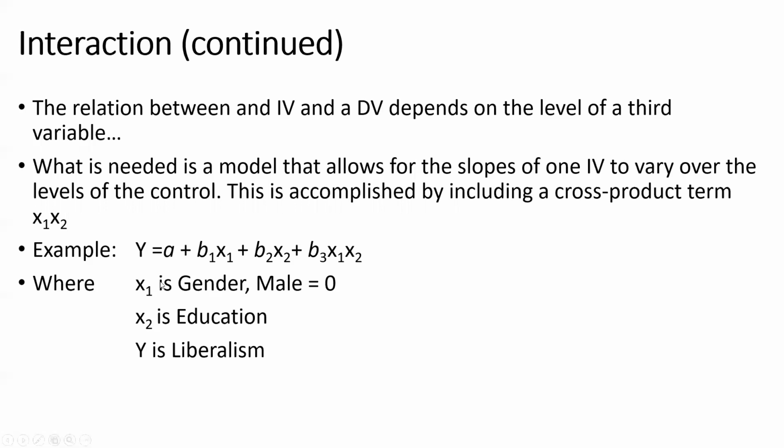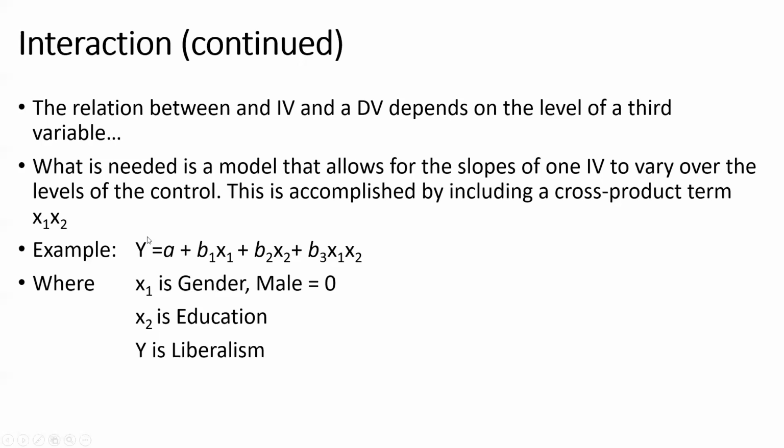So if we have an equation where we have a plus bx, right? We have our first variable here, b1 as x1, which is gender, and b2, x2, which is education, and y is our liberalism measure. So we believe that gender and education affect how liberal someone is.